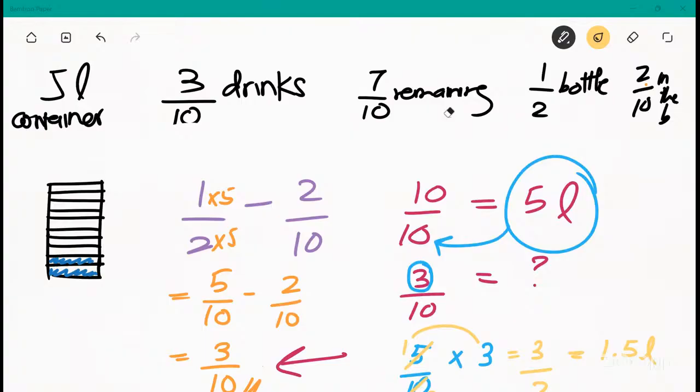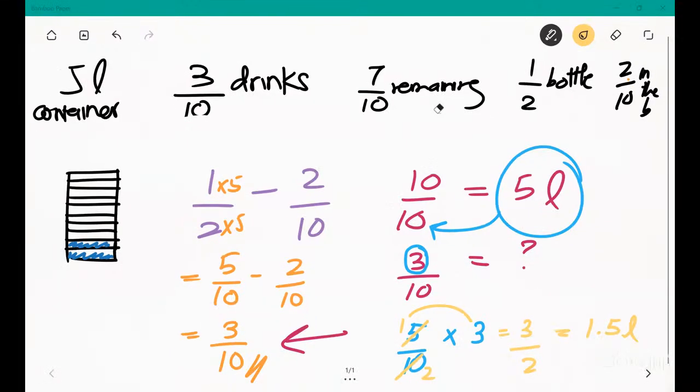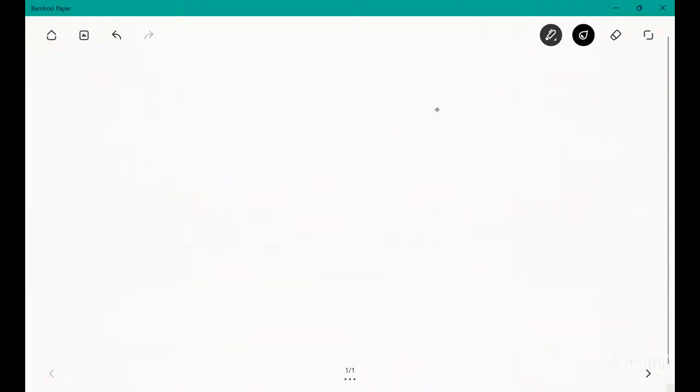Let's move to another one. Does everyone agree? Oh, we have to try another question. So we'll do one more, okay? We'll do it a little faster. Okay, so let's go for the next one.